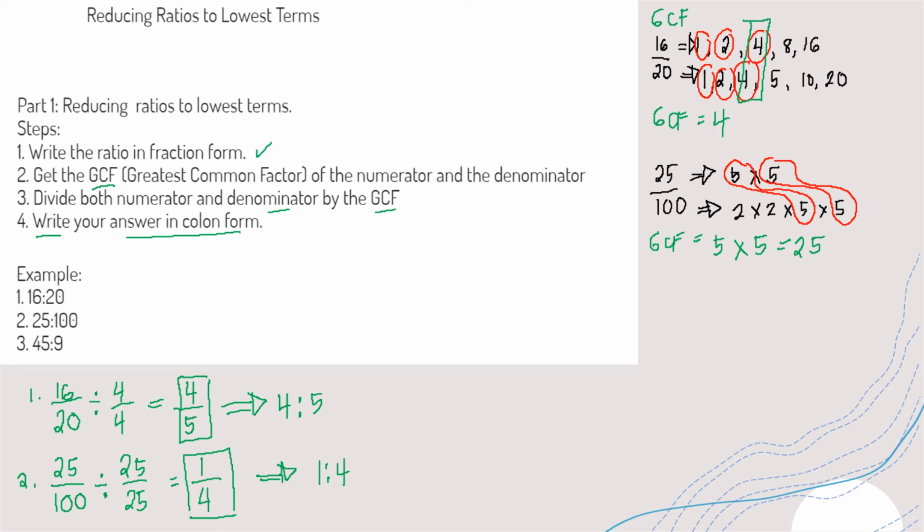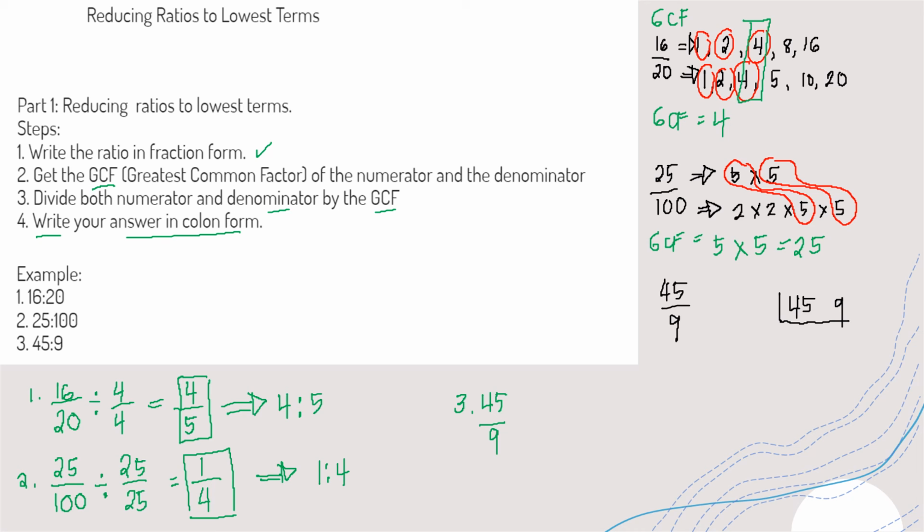Okay. So last example, for number 3, we have 45 is to 9. We write here 45 over 9, and back to our scratch portion. This time, I will use the continuous division method, just for you to remember how these processes are done. I will write 45 and 9, and think of a prime number that divides both of them.